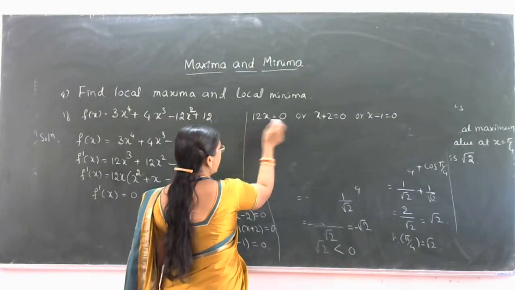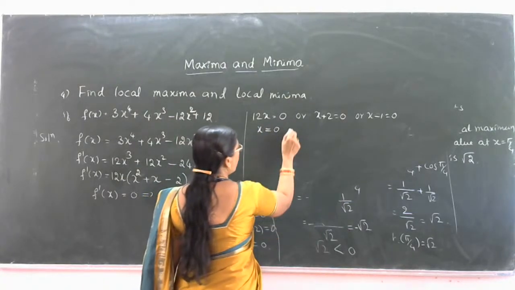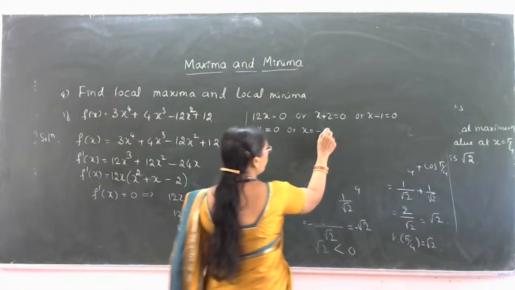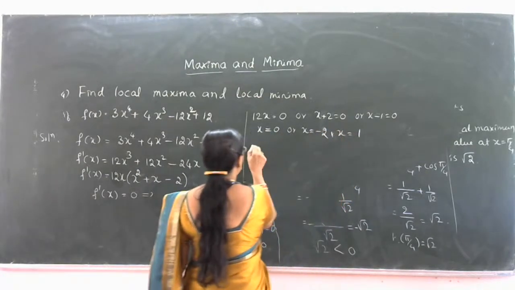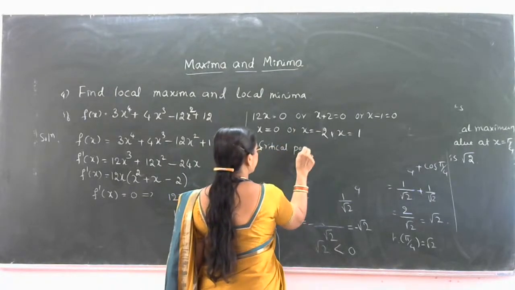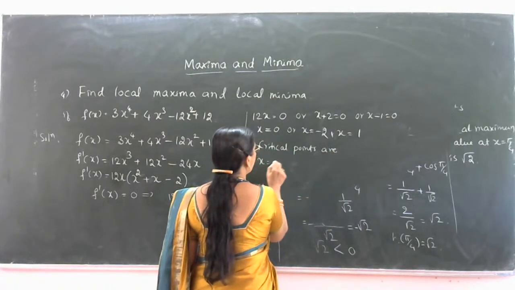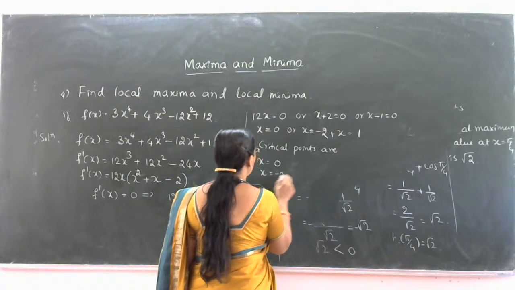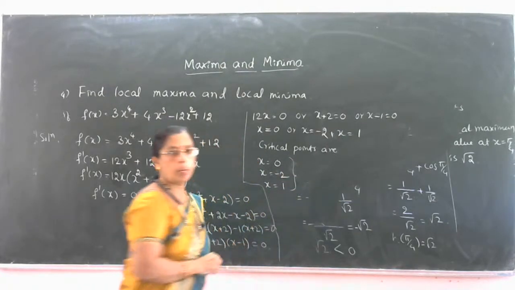Therefore x equal to 0, or x equal to minus 2, and x equal to 1. Therefore the critical points are x equal to 0, x equal to minus 2, x equal to 1. These are the three critical points.